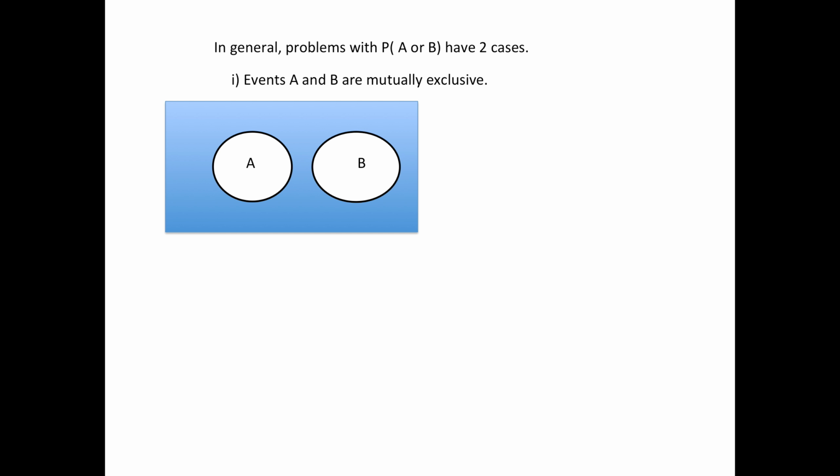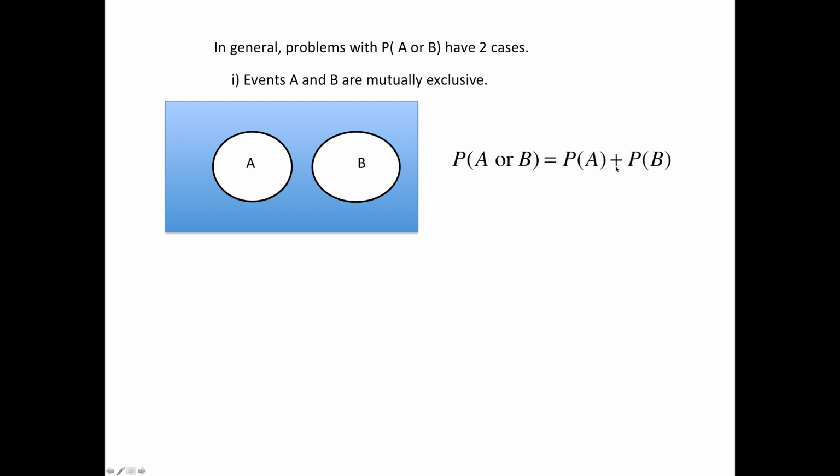So there's those two main cases. One is like the first, the jack of sevens. There is no such thing as a jack of sevens, so the two cases are completely separate from each other. It's called mutually exclusive. So this would be the jacks, here's the sevens. There's nowhere where they overlap. So then you just do the probability for each one.